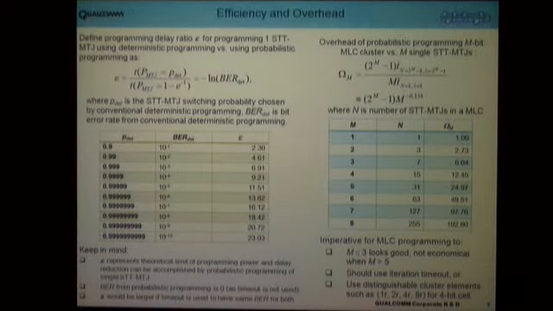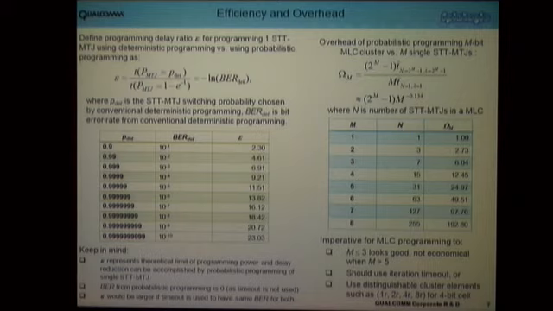In this table, it shows the power and the time saved depend on how much bit error rate you want to accomplish, in comparison to the deterministic programming. If deterministic programming only wants to accomplish a bit error rate of 10 to the minus 5, then instead of using deterministic programming, you use probabilistic programming as what we put up here.